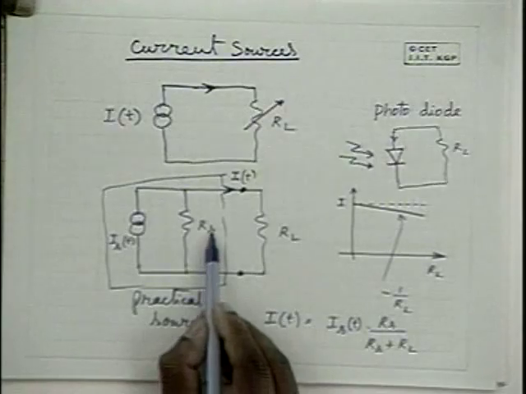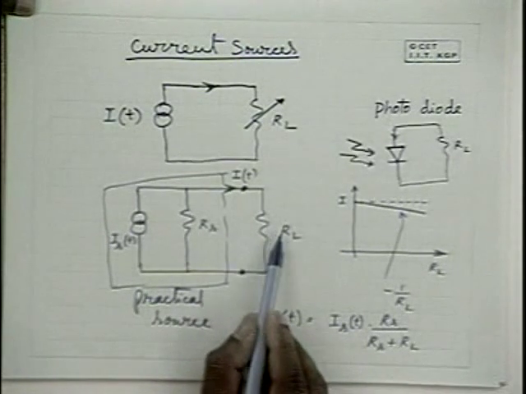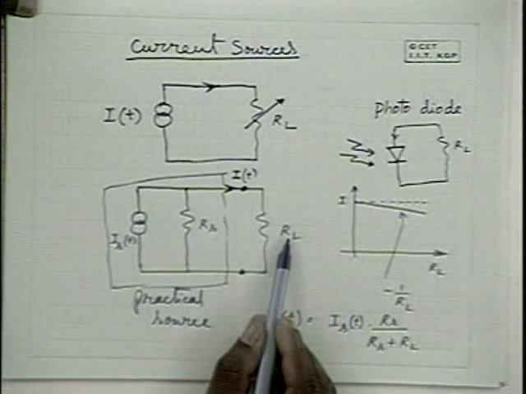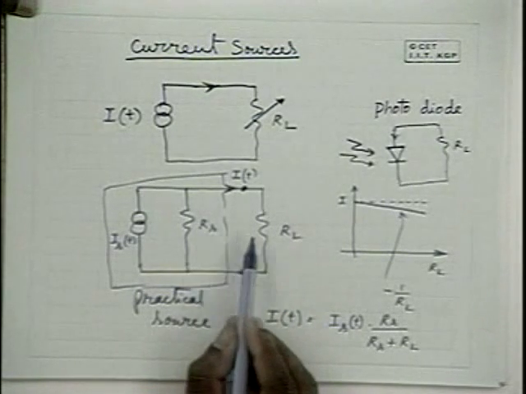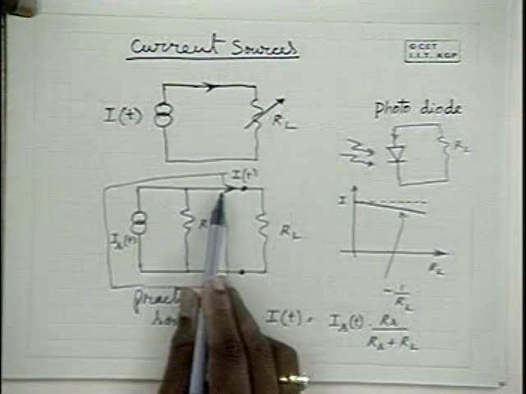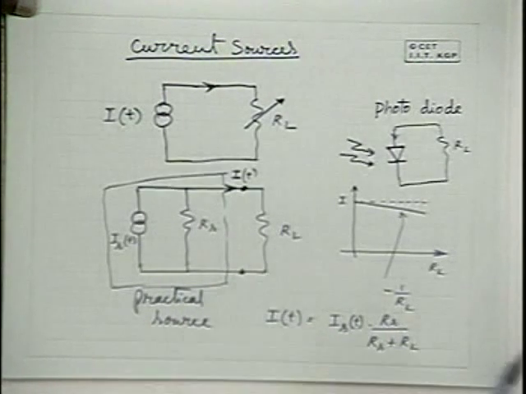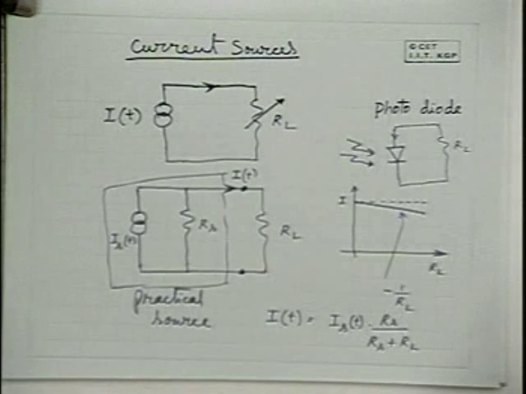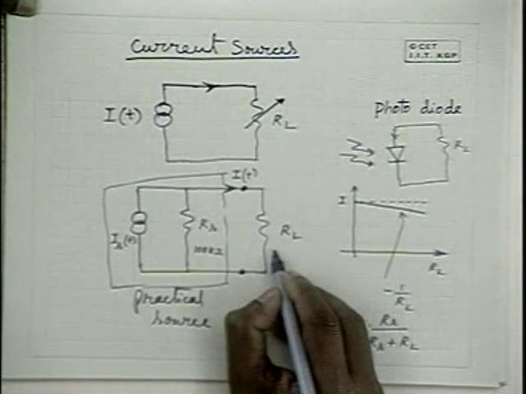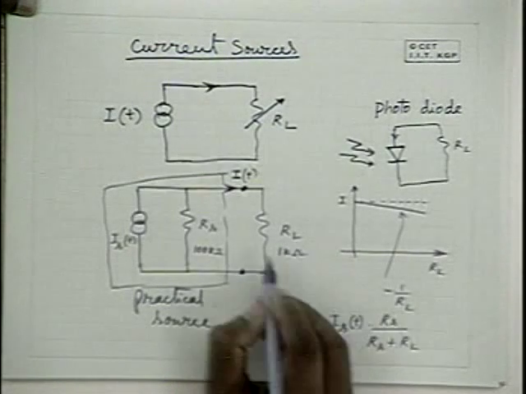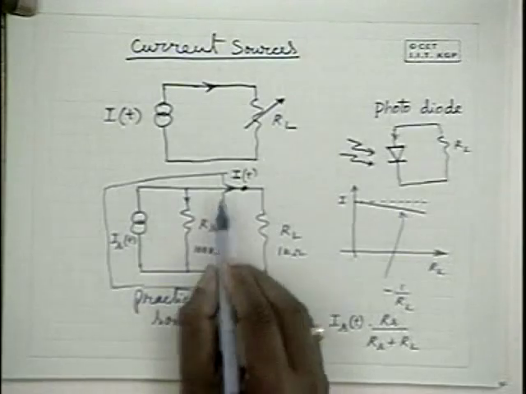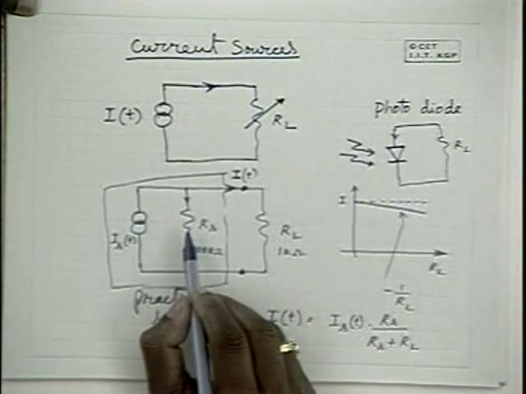Well, in this case RS should be much larger than RL. Otherwise, if RS is smaller than RL, then this current appreciably changes with changing RL. If this is of the order of 100 kilo ohms and this is 1 kilo ohm, the current flowing through this and the current flowing through this are in the ratio of 100:1.